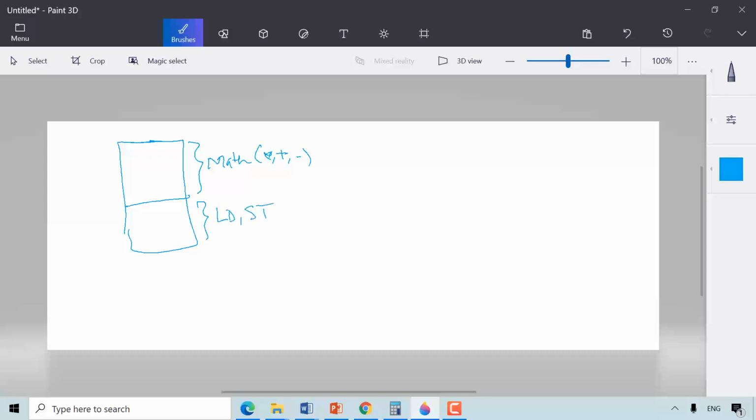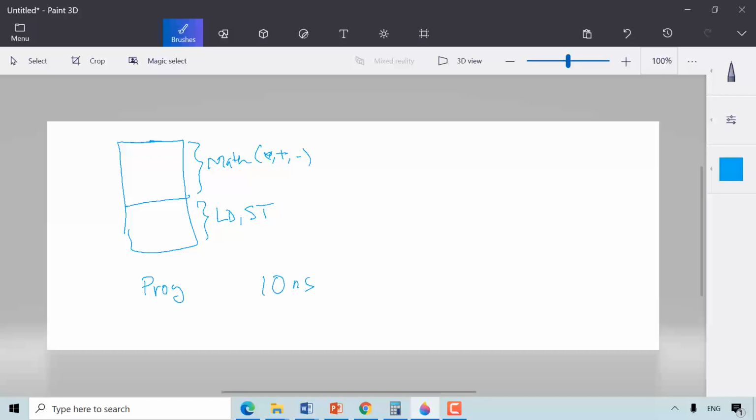Now, I have an idea to improve the performance of this program. We run it on our CPU and we get, let's say, 10 nanoseconds.